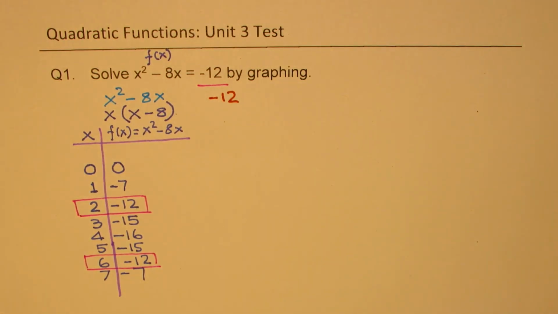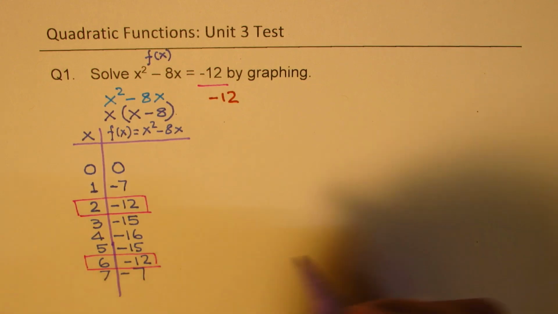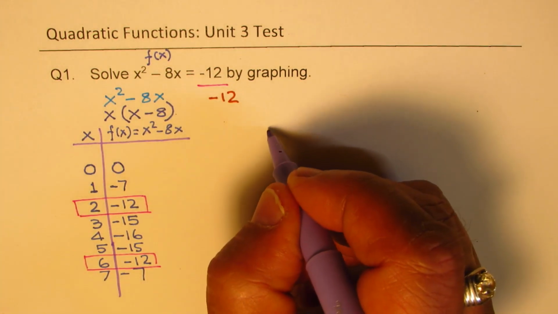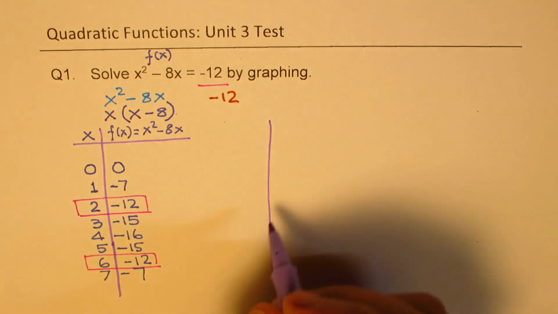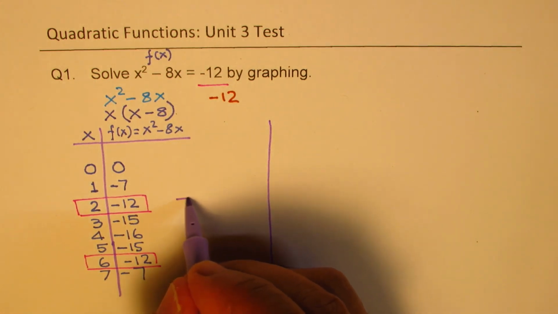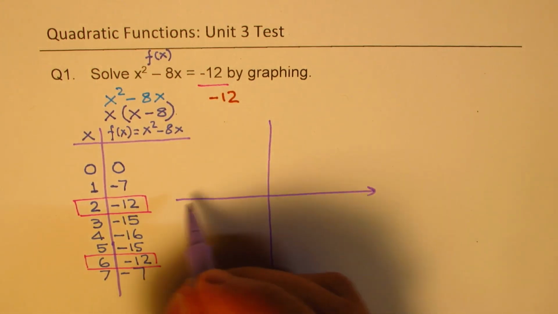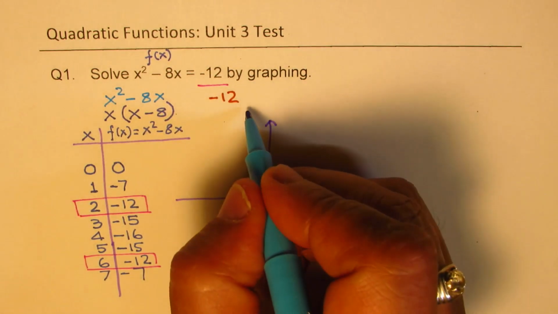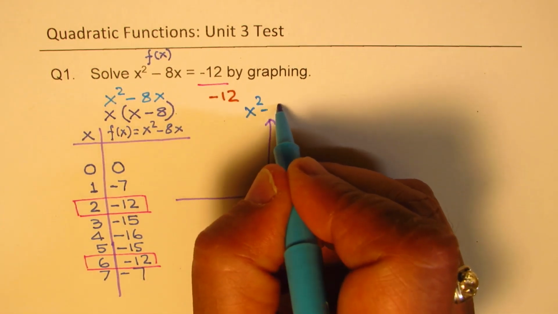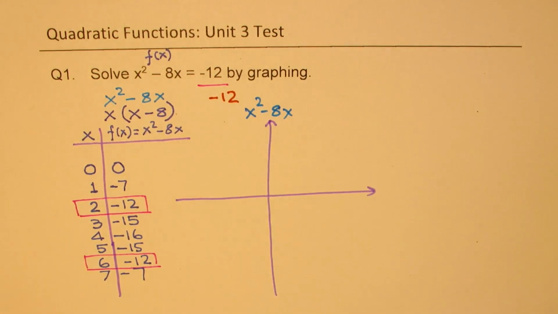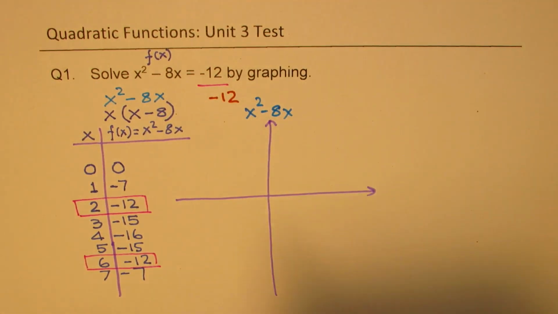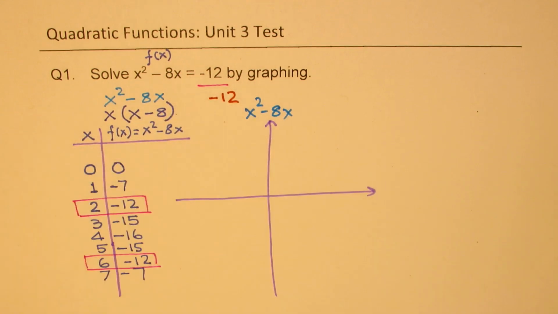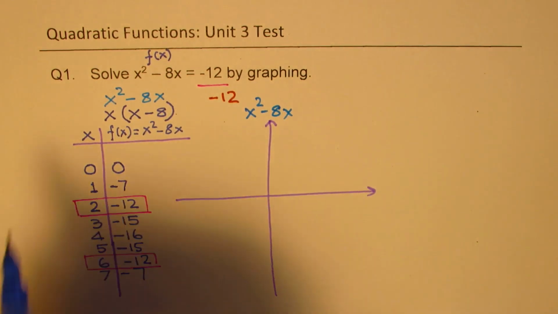Right? So basically, if I graph this function, now let me sketch this graph here. So we are now sketching the graph of the function x squared minus 8x. So this particular parabola, right? So we could have taken a value which is, let us say, minus 1.